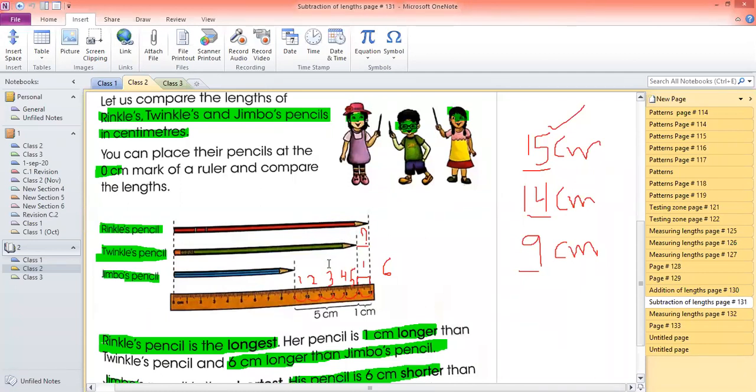And Jimbo had the shortest pencil among all these.